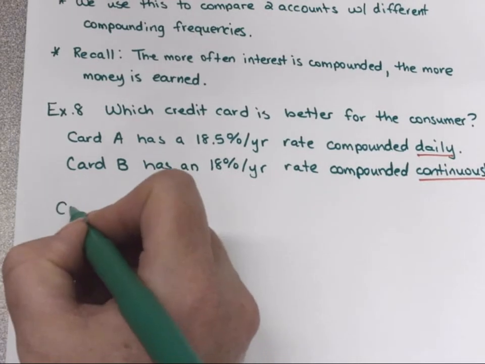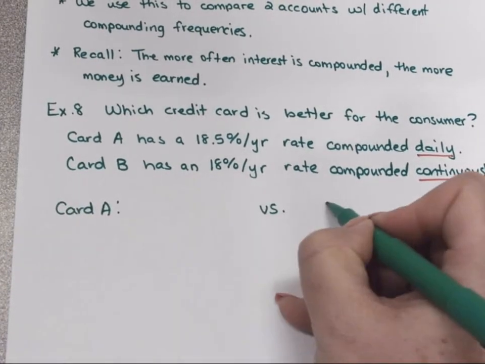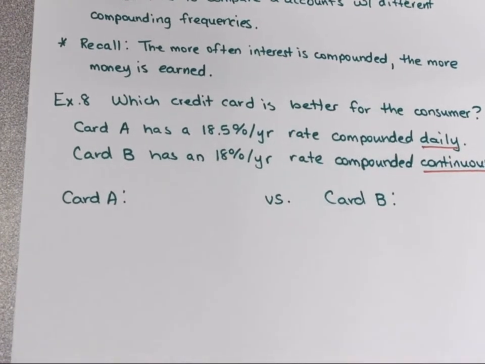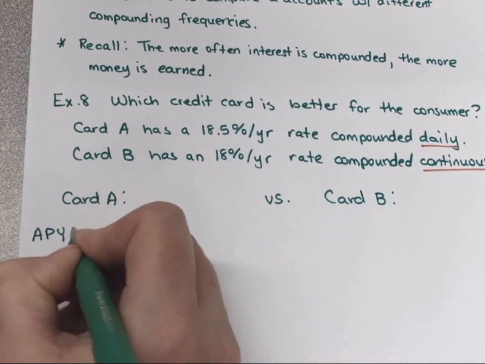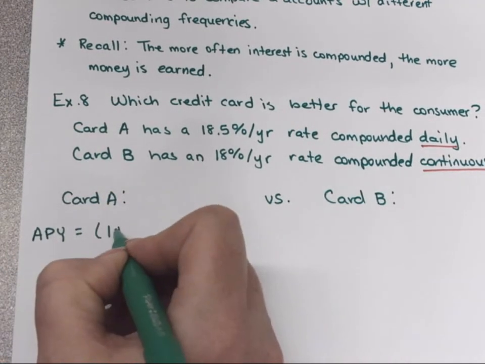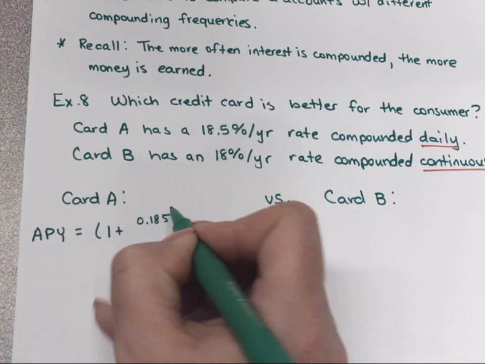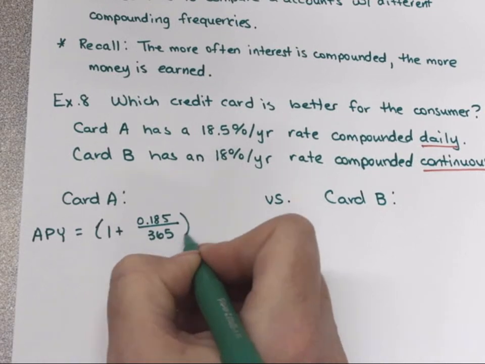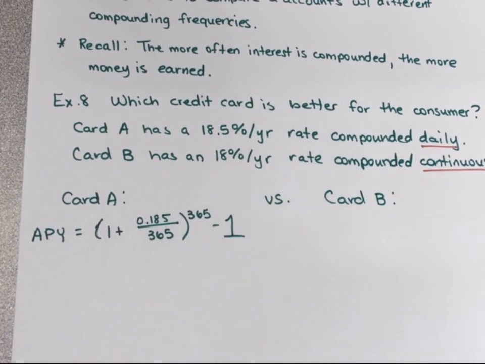So let's look at card A versus card B. Okay, and I'm just going to show you what these are, and you can punch these in your calculator later. So the APY for card A would be 1 plus the stated interest rate, which is 0.185, over how many times a year, which is 365, and then raised to that same power, minus 1.